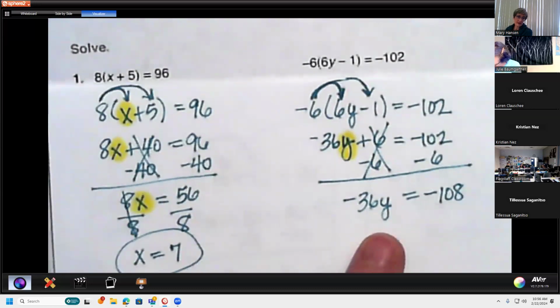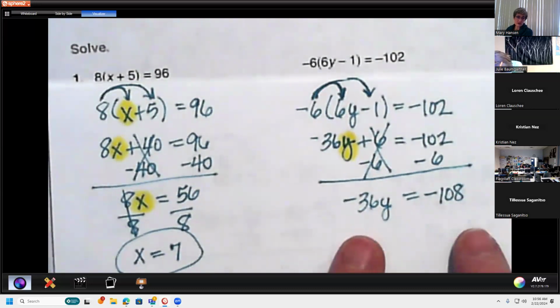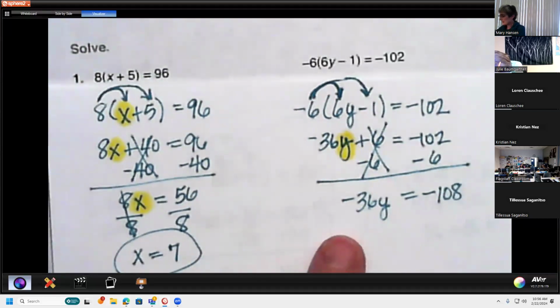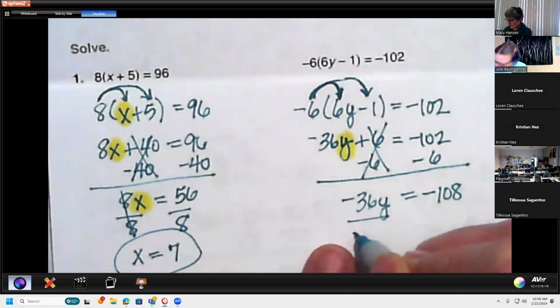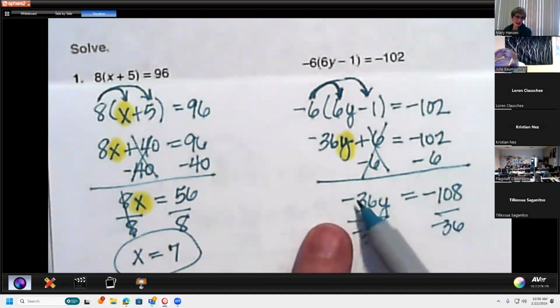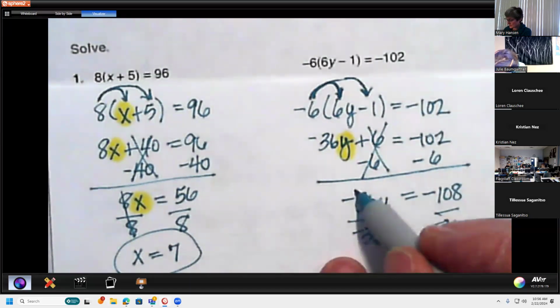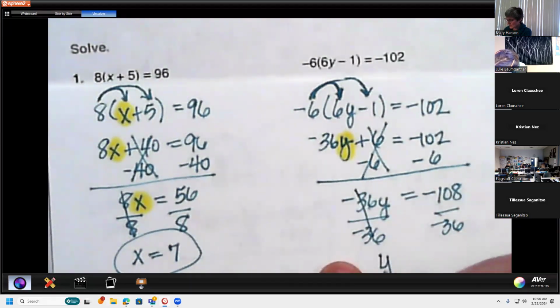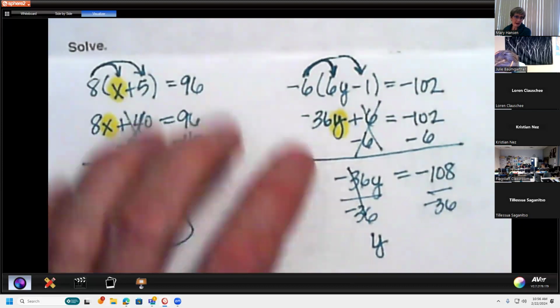If you need the calculator to help you find these answers, you can do that. And then what am I going to do for my next step? Divide. Yep. And what am I going to divide by? Negative 36. Very nice. You want to divide by the -36 because -36 divided by -36 is +1, or +1y.